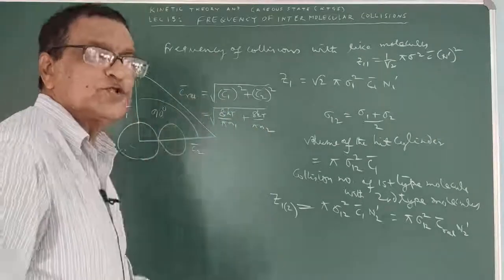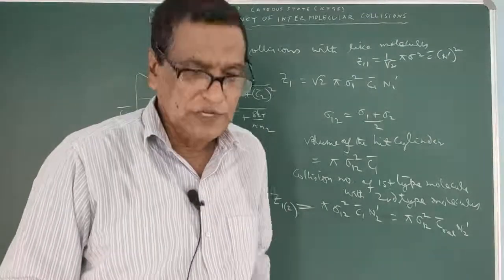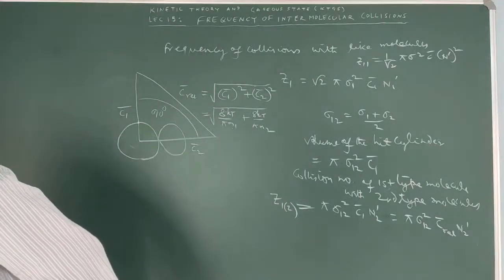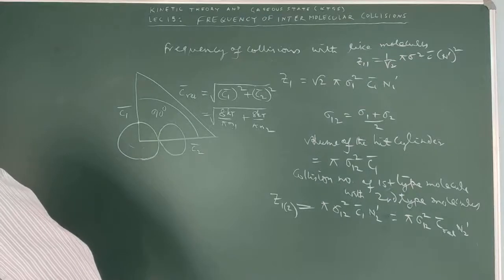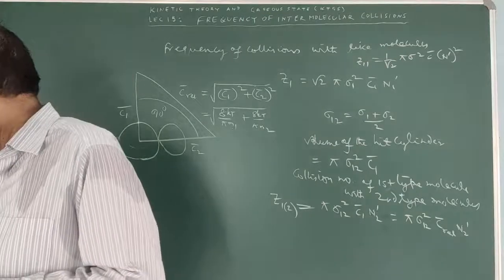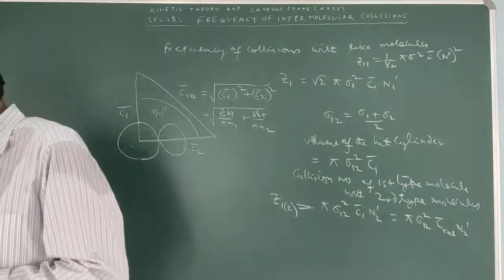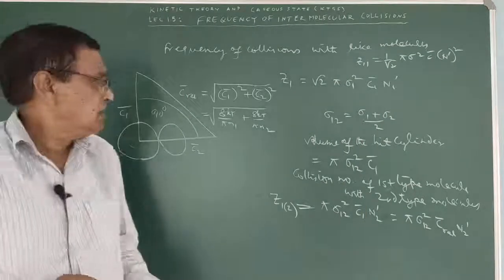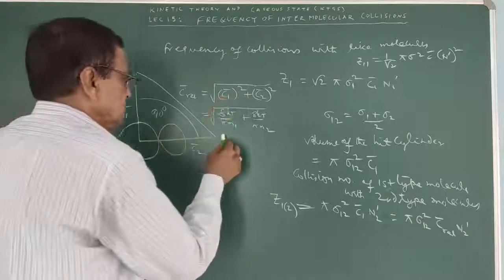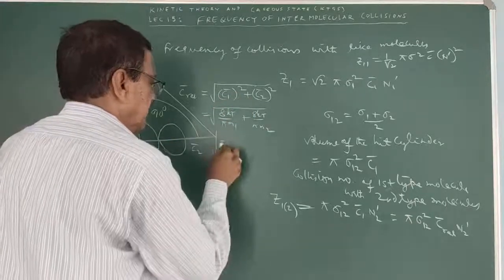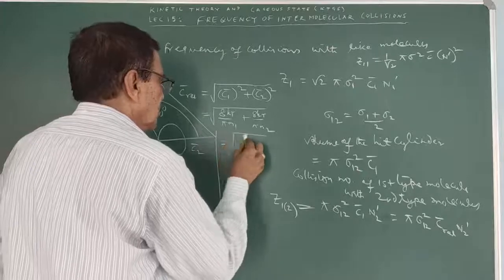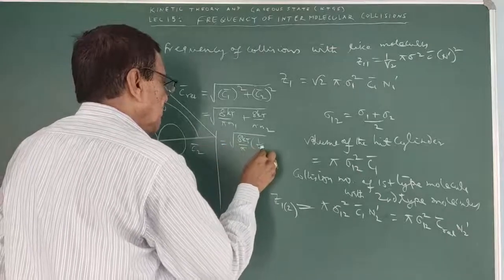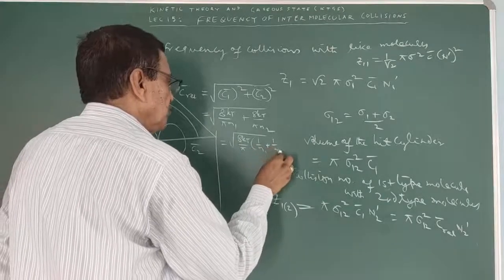M1 and M2 are the molecular masses of the first type and second type molecules. Plus this one. This you can write as equal to root over of 8 KT by pi into 1 by M1 plus 1 by M2.